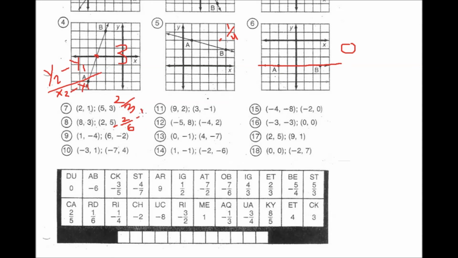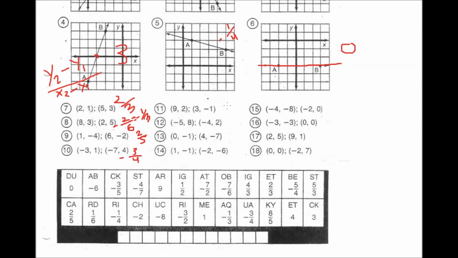That's going to be a negative 1 over 3. Negative 2 minus a negative 4 is going to be positive 2. 6 minus 1 is going to be 5. 4 minus 1 is going to be 3. Negative 7 plus 3 is going to be 4. I'm sorry, negative 4.